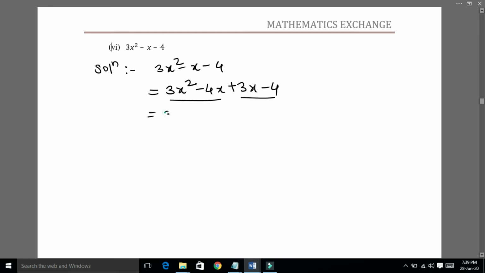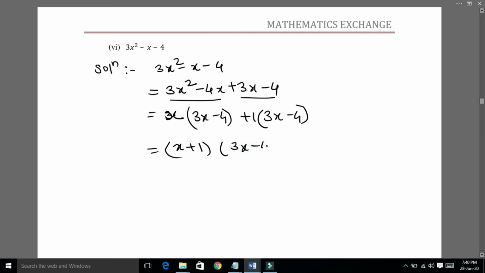Grouping the terms, we take x common from the first two terms, so x into (3x − 4), plus take 1 common, we get (3x − 4). So that is equal to (x + 1)(3x − 4).